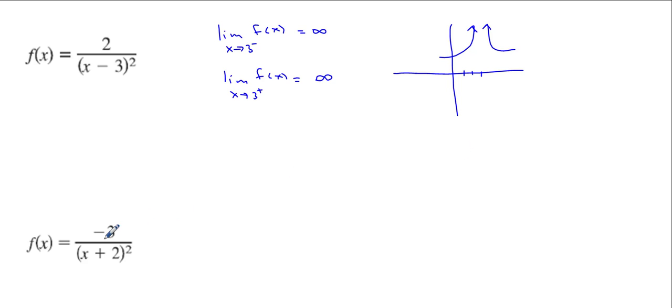And how about the bottom one? What's the limit as x goes to negative 2 from the left of f of x? And while we're at it, I'm just going to write out the other one: as x goes to negative 2 from the right of f of x. Plugging in a value to the left of negative 2, negative 2.00001.